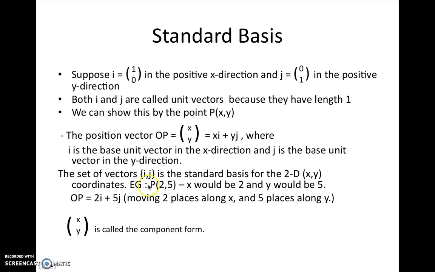So, for example, P (2, 5): x would be 2 and y would be 5, so OP would be equal to 2i add 5j. You're moving 2 places right along x and 5 places up along y.